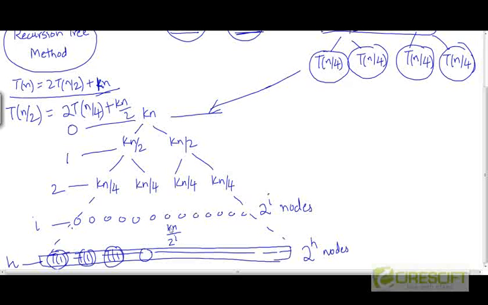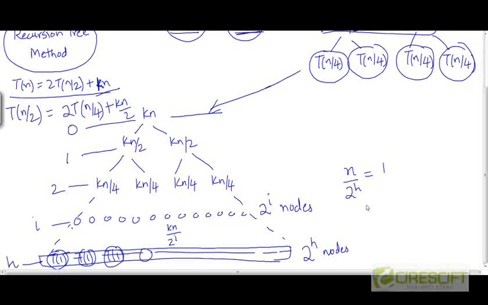So the argument at depth i is n by 2 to the power i. The argument at depth h is going to be n by 2 to the power h. And we are saying that if h is the height of this tree, we are going to ultimately hit this base case where the argument has become equal to 1. Right? So when n by 2 to the power h becomes equal to 1, that will be our last level.